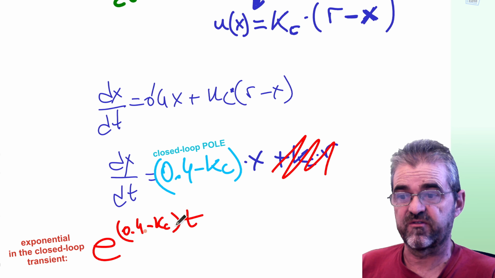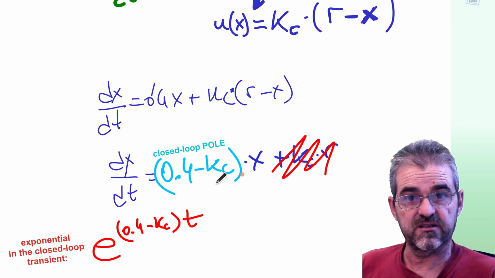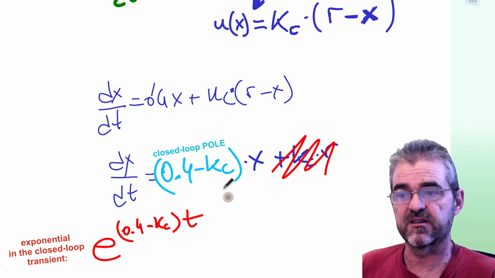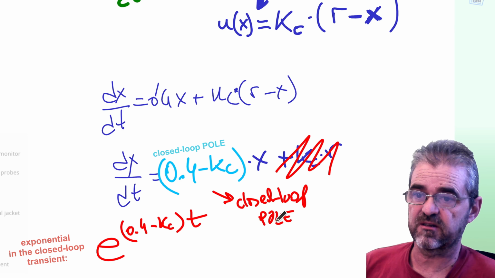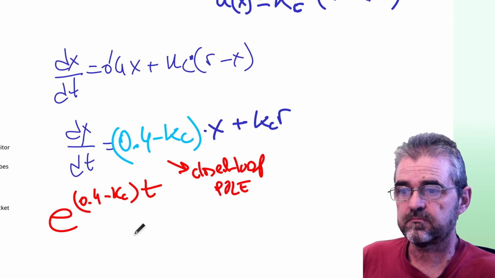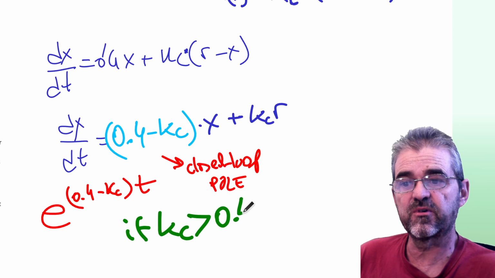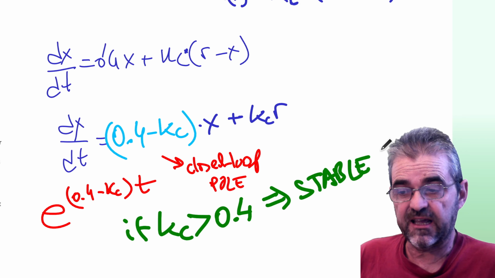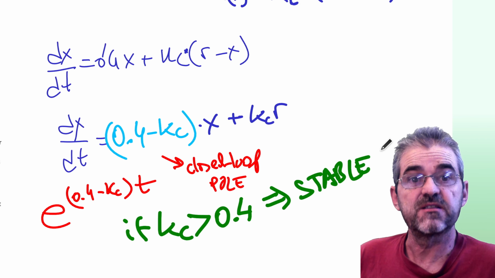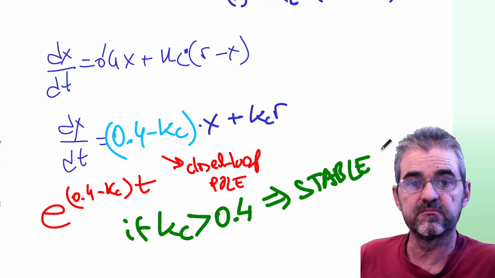The coefficient that multiplies time is the coefficient that multiplies x in this equation, and this is the closed loop pole. We reach the conclusion that if Kc is larger than 0.4, then the closed loop pole is negative, the exponential is decreasing in time, so the closed loop system is stable.